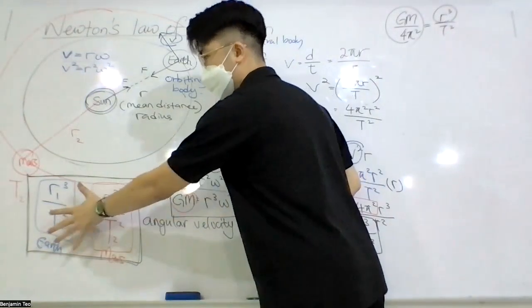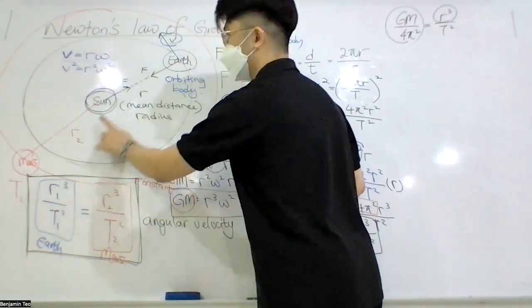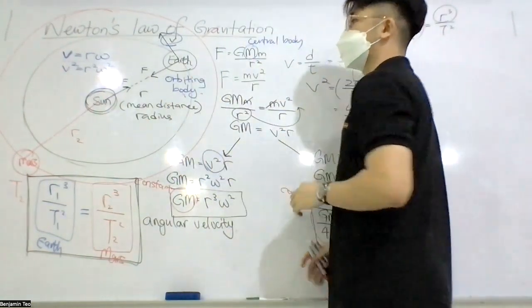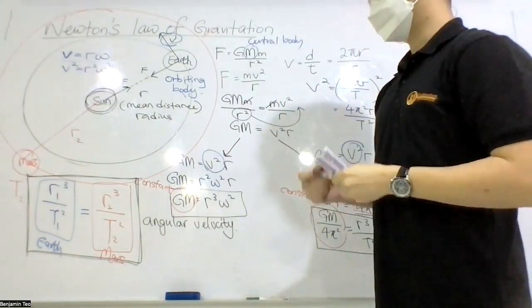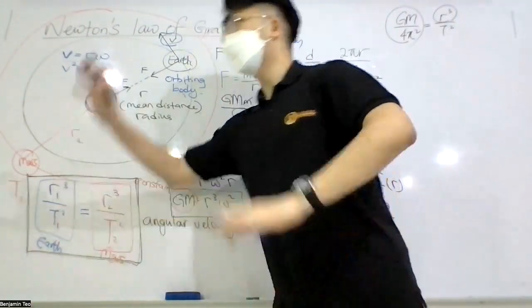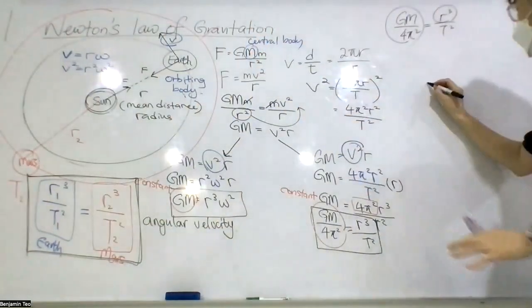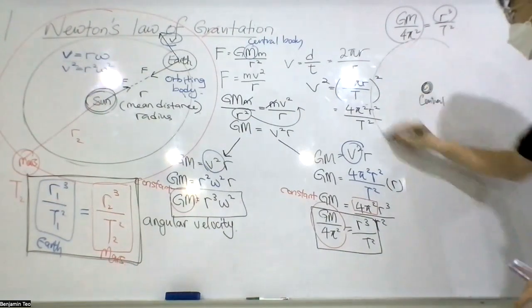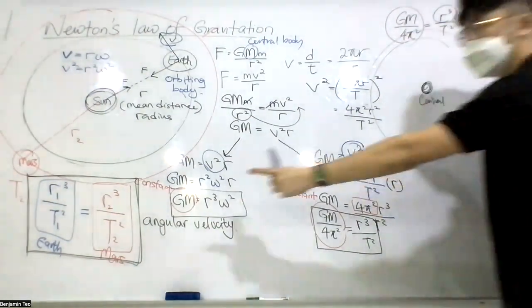The good thing is this formula, is it limited to the Sun and Earth and the 8 planets? The answer is that this is applicable to every system as long as you have a central body and an orbiting body. This applies again.